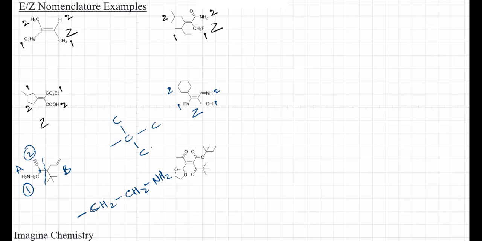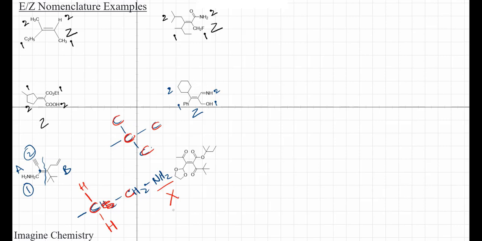The first point of attachment is carbon in both cases, the same, right? But for the next point of attachment, this carbon will have two hydrogens and one carbon attached to it, whereas in the alkyne it has three carbons attached to it. So now the nitrogen does not matter at all.